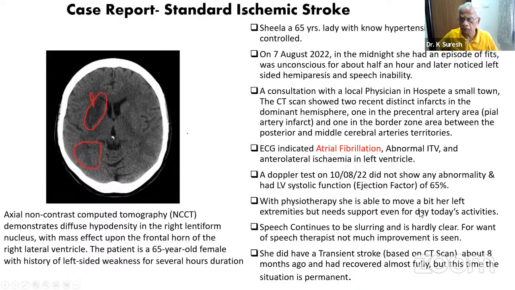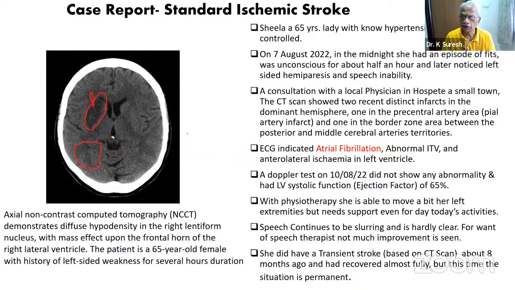Nowadays, speech therapies are difficult to get in these places. This also recalls that she did have a similar attack about 8 months ago, which was a silent stroke. They did not recognize it, but this transient stroke was known only by doing a CT scan.